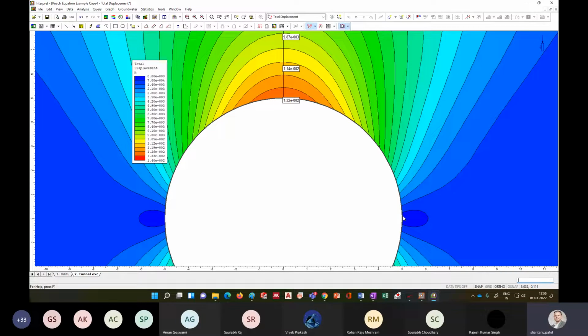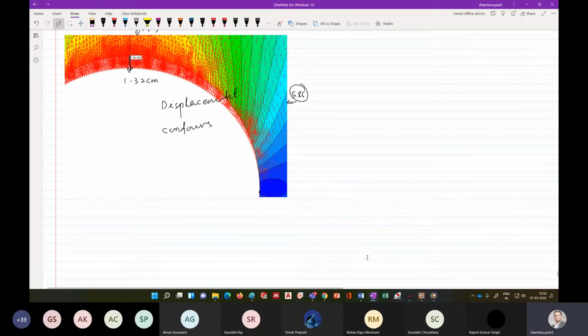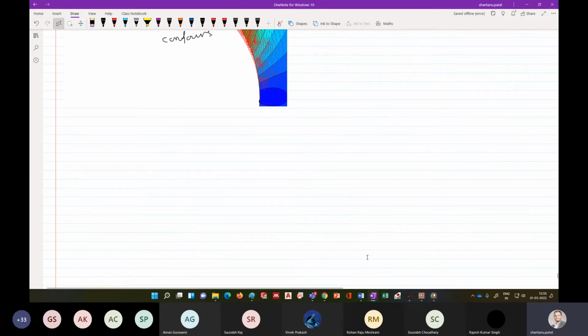So if I want to get the tangential stress at P1, which is this point here, can you tell me which contour I need to see? Did you understand my question? What I'm trying to say is, we have this tunnel here.